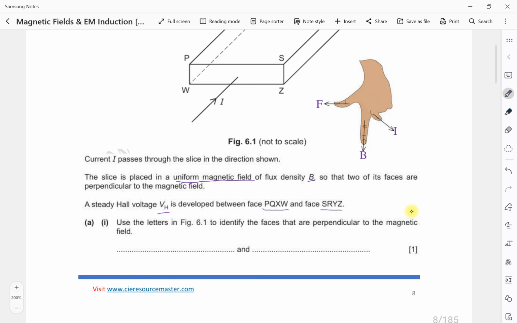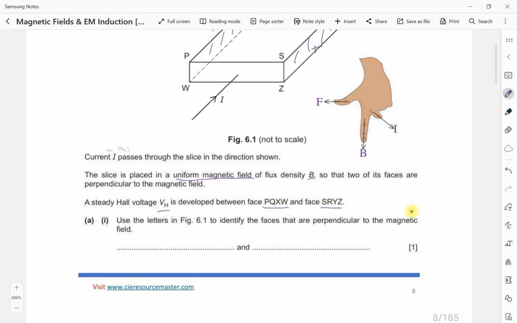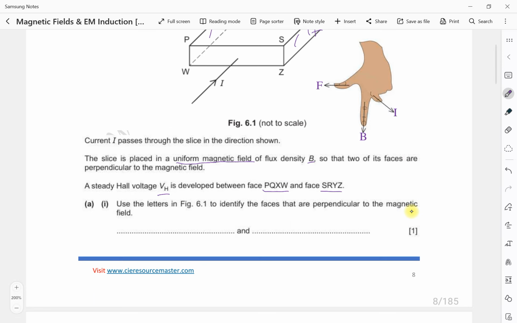A steady Hall voltage is developed between PQXW, this end here, and SRYZ, this one here. So the PD is across PQXW and SRYZ. That means this side could be positive and the other side negative, or the other way around. So use the letters in the figure to identify the faces that are perpendicular to the magnetic field.